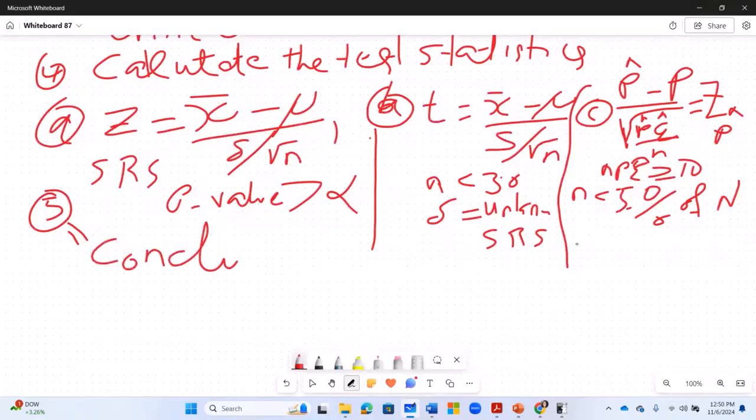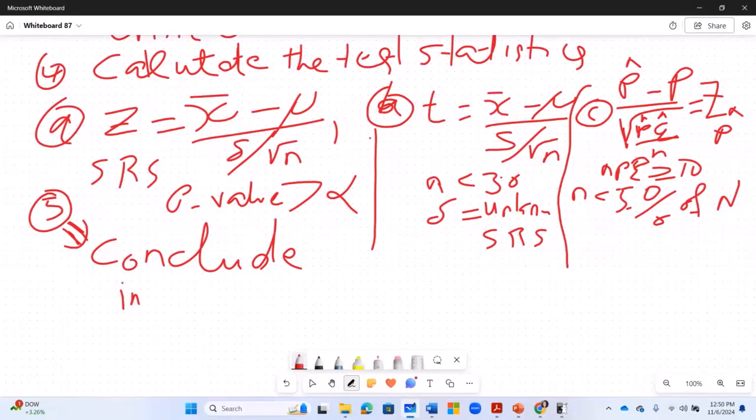In other words, those who sent you as a statistician to do the hypothesis test, you want to tell them your findings in non-technical terms.